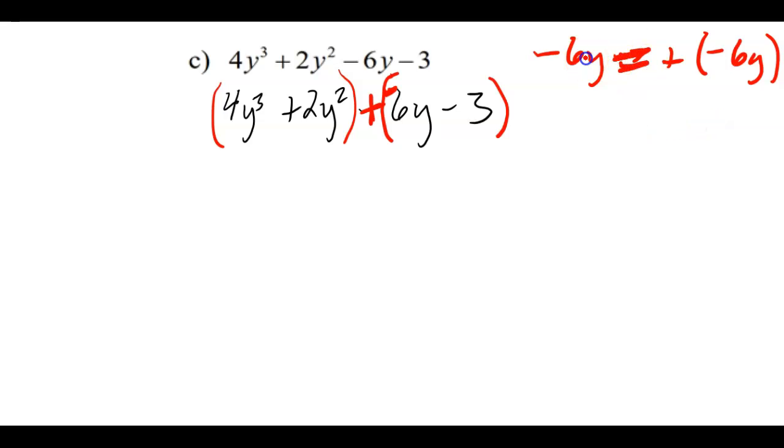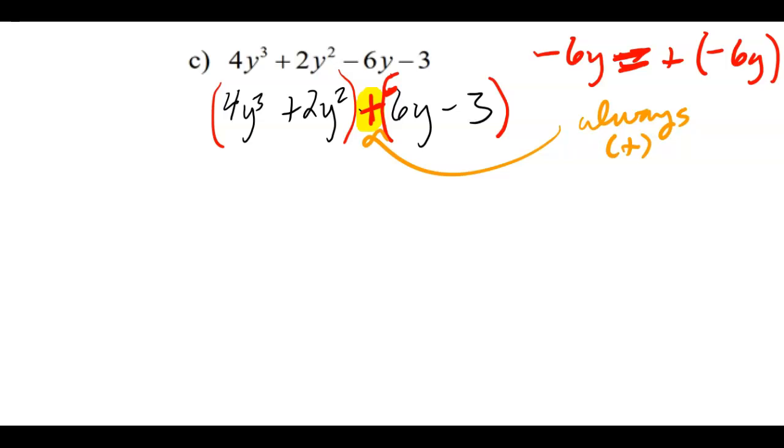So those are equal, and that's what I'm doing. I always want it to be positive in the middle. So in the middle, always a plus sign. And so that means if I need to change that sign over, so from minus 6y to plus negative 6y, that is what I do.